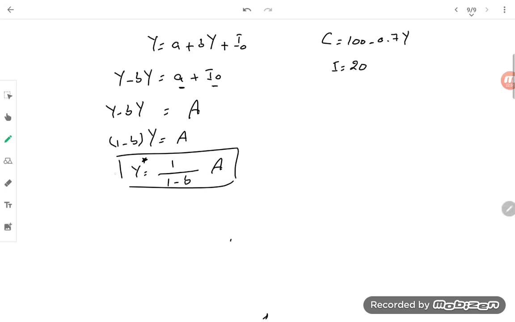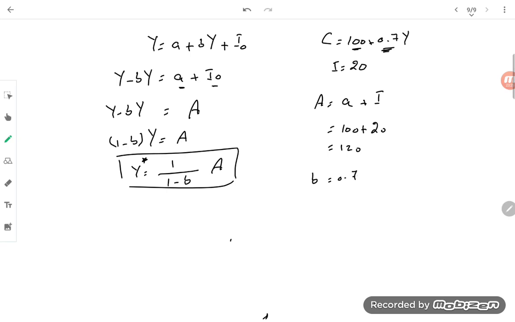So now we can substitute directly in this equation, where A equals small a plus I. Small a is 100 and I is 20. So the total is 120. b equals 0.7.